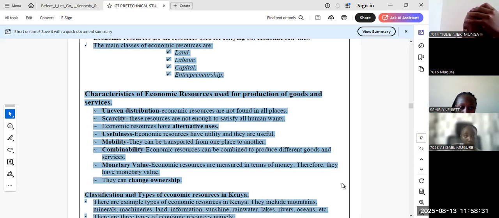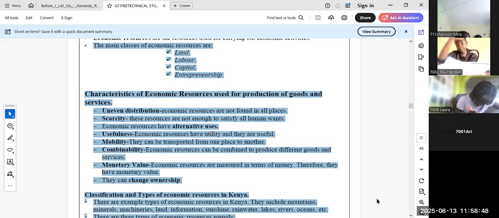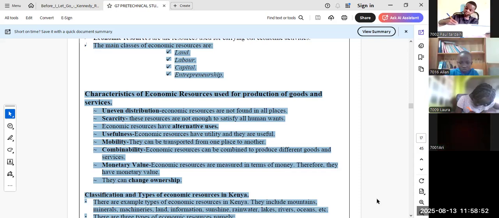Yes. Mugure, you have disappeared. Where have you gone to? Mugure, come back. Shalin Bet, are we on the same page? Yes. Laura, are you done?